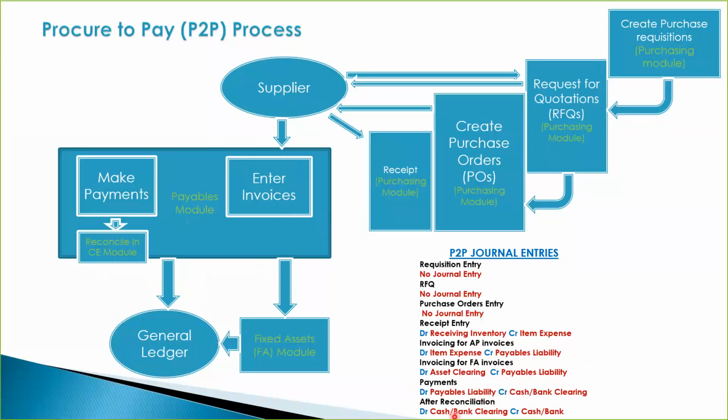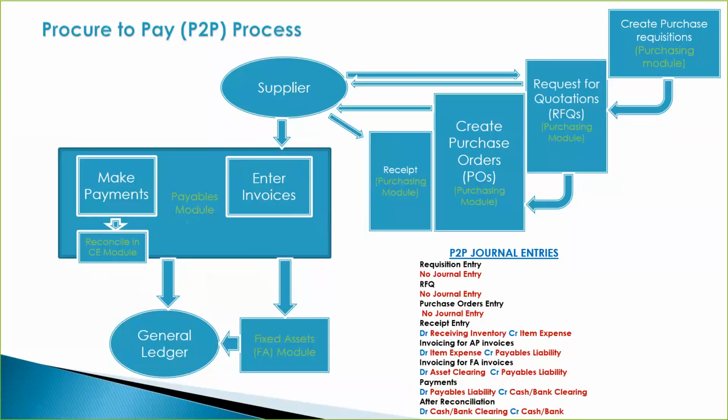So after the reconciliation, the accounting entry will be a debit to the cash or bank clearing, and then a credit to cash or bank.